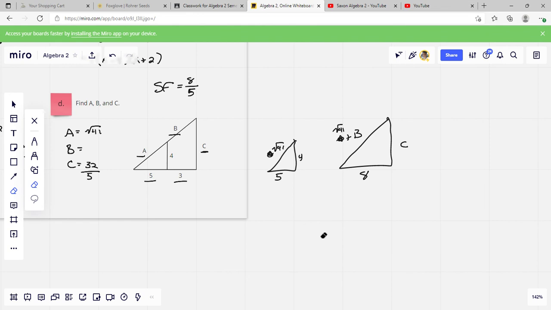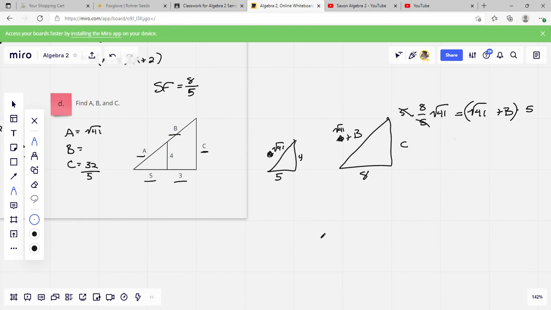All right, so I need to multiply by my scale factor to get to B. So I'm going to say the square root of 41 times my scale factor, which is 8 over 5, equals the square root of 41 plus B, right, because it's A plus B. First thing I'm going to do is try to get rid of this fraction, so I'm going to multiply both sides times 5.